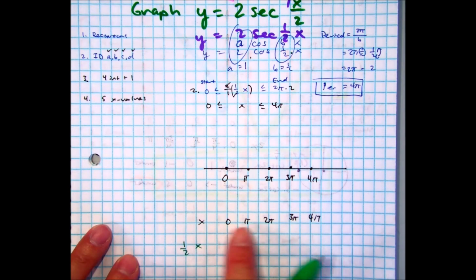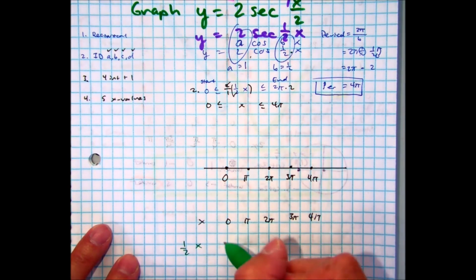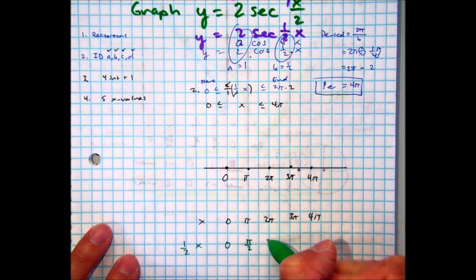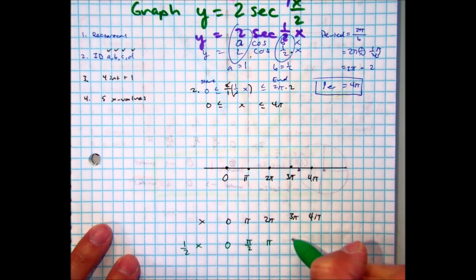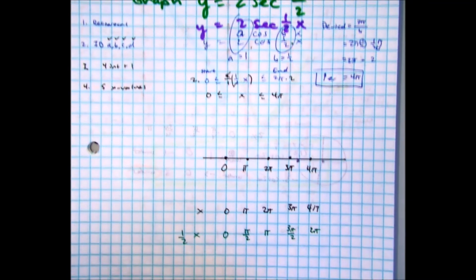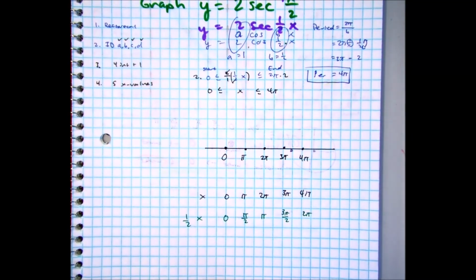Sabrina, go ahead and multiply each of these numbers by 1/2. 0, pi over 2, 2 pi over 2, 3 pi over 2, and 4 pi over 2. Good.